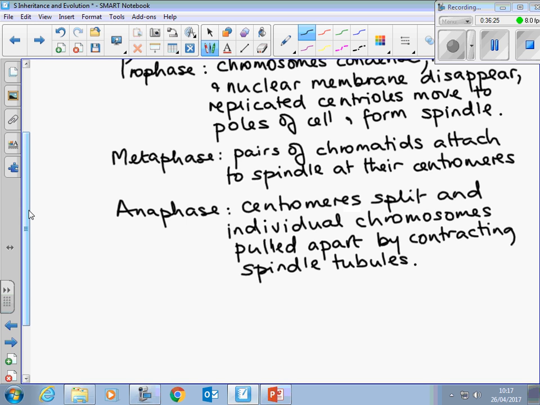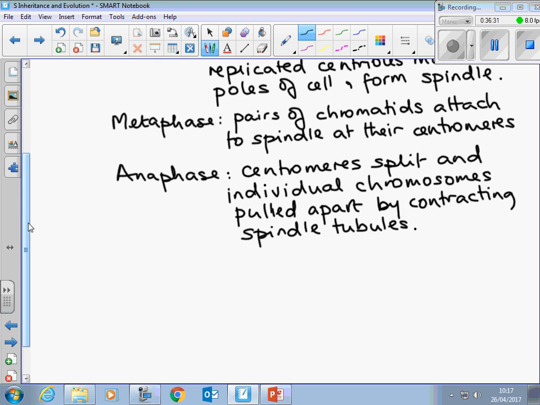And then the final organizing bit that creates two new nuclei is telophase. And this is where the chromosomes uncoil again, unpacked.